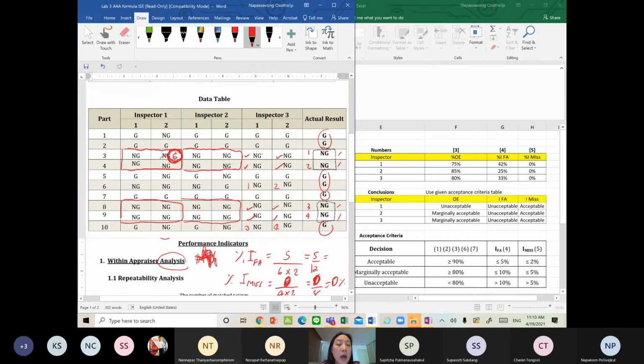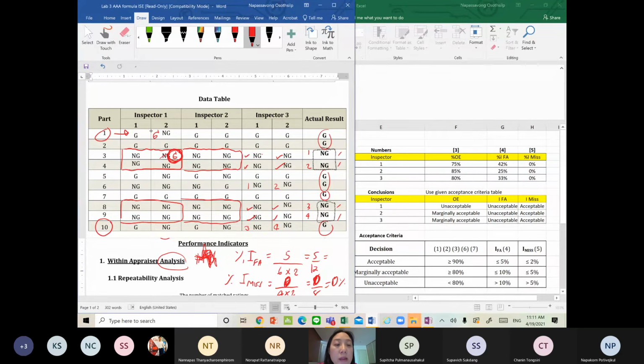If we talk about the repeatability among all operators, out of 10 parts, if you look at part number 1 across this row, you will see that if the results are consistent among 3 operators, the result should be all G, right?